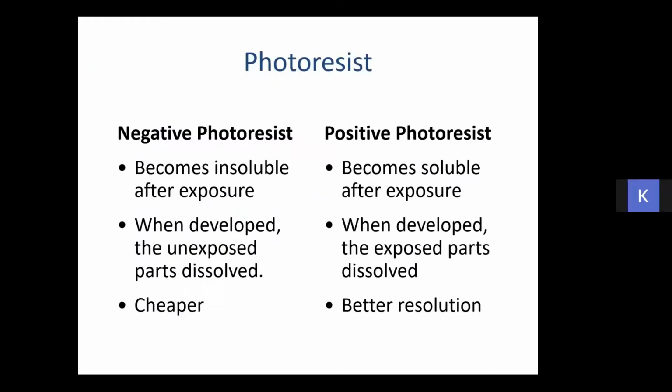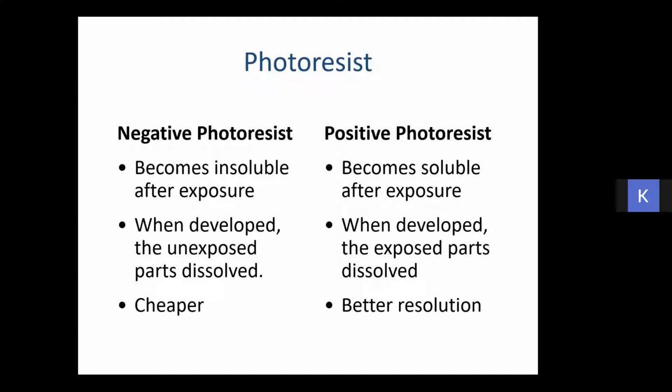Now, this is the main thing. Whenever you talk about the negative photoresist, it becomes insoluble after it is exposed. That means, let's say you have some resist and you expose it with light. Now you try to develop it. You will see that the region you have exposed will not get dissolved, but the unexposed part will get dissolved.